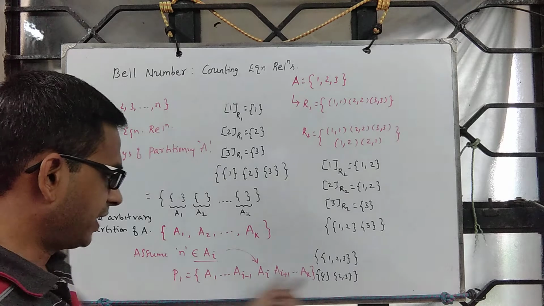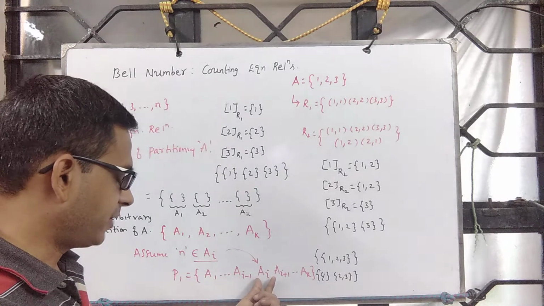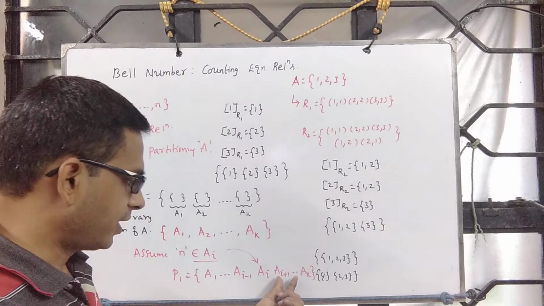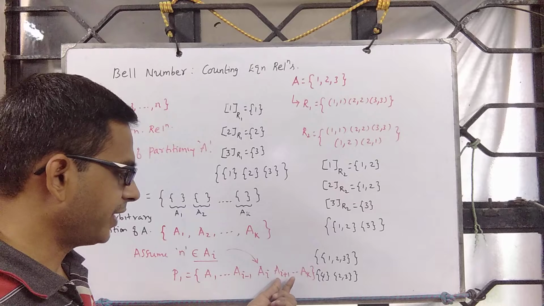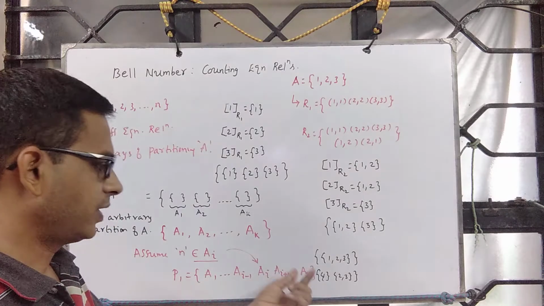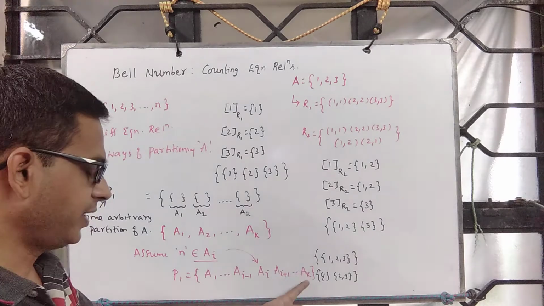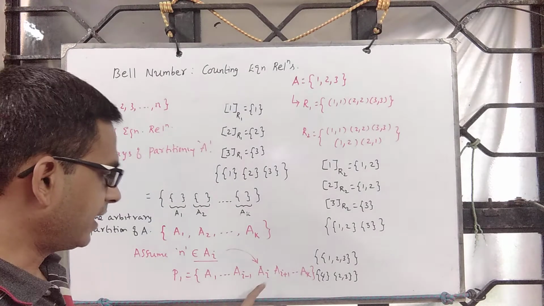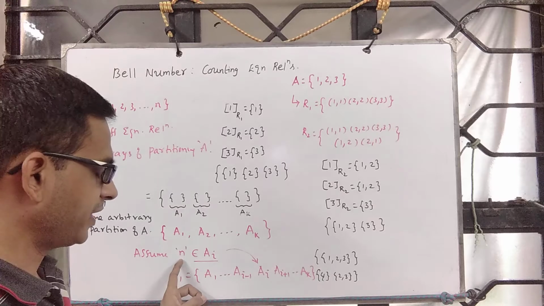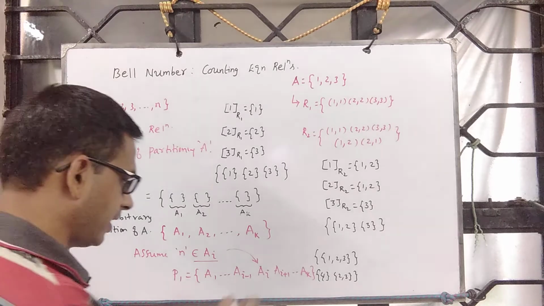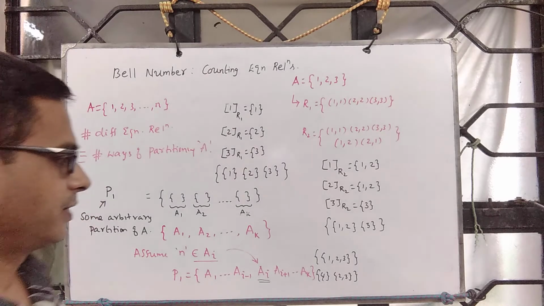This could be just {1}, this could be say {2, 3}, this could be {10, 11, n}, this could be {n-1, 2}, and like that. There are so many subsets, how many? k of them. And in one of them you see that the element n appears. I am focusing on that subset now.